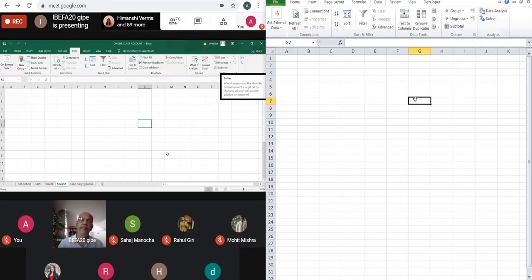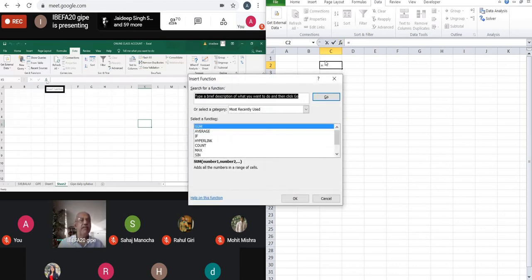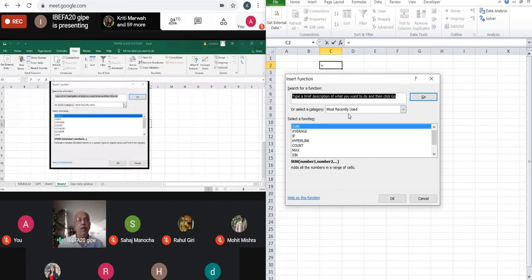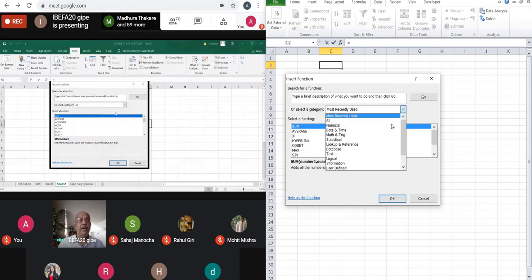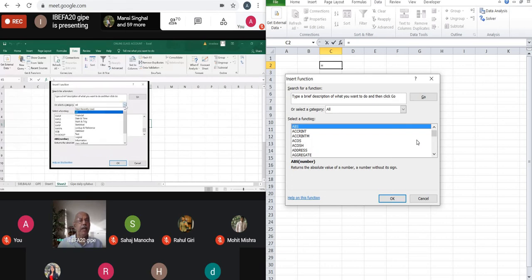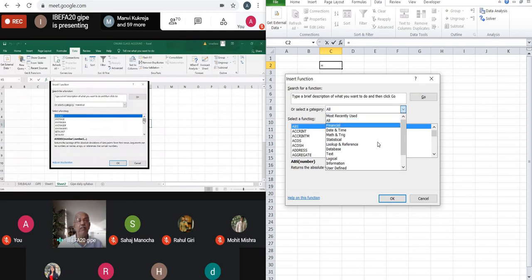Next. Near the formula bar, this is called the formula bar, there is fx, function. You can get all mathematical, statistical, commercial, all types of functions in alphabetical form. If you want only statistical functions, that also you can have in alphabetical form.